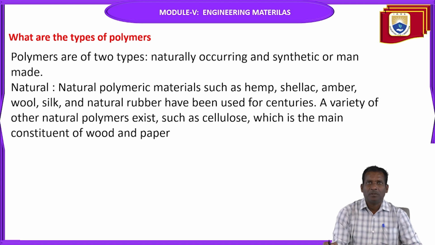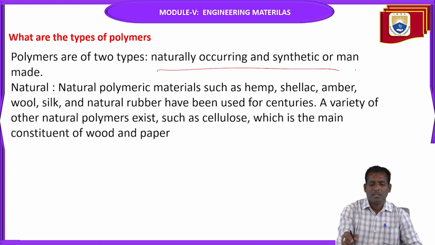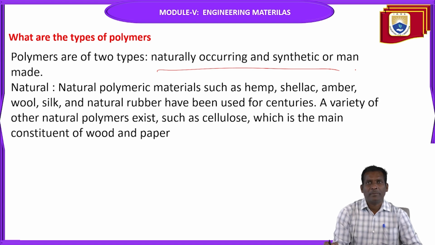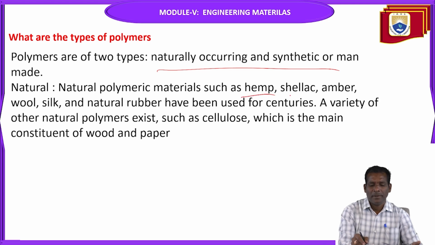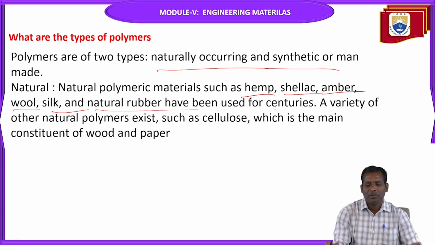So, what are the types of polymers? Polymers are of two types: naturally occurring and synthetic, or man made. The natural ones are natural polymeric materials such as hemp, shellac, amber, wool, silk, and natural rubber, which have been used for centuries.